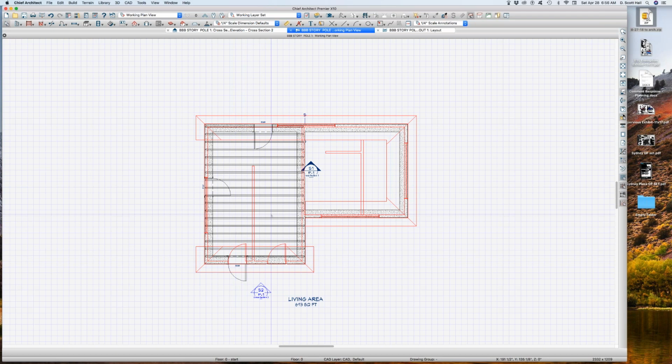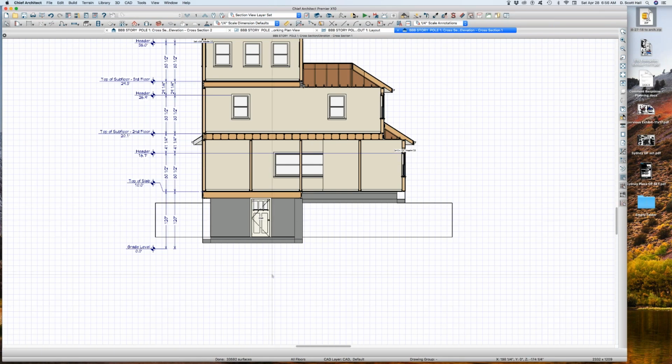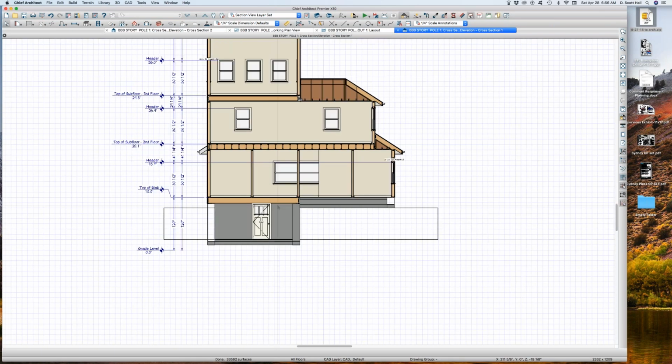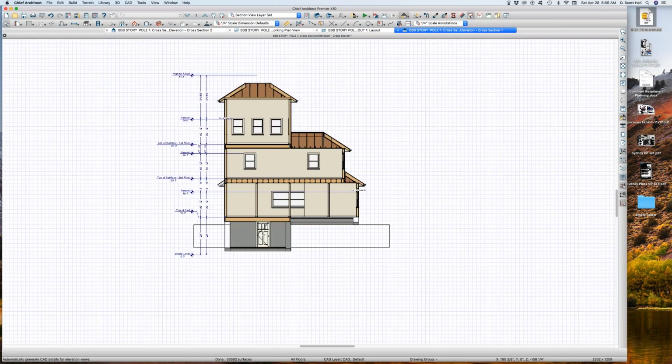Okay, so I'm going to look at this section. There it is. I'm going to automatically detail it. I've learned to like this tool. I hate to do this, but I guess everything else is that much quicker.